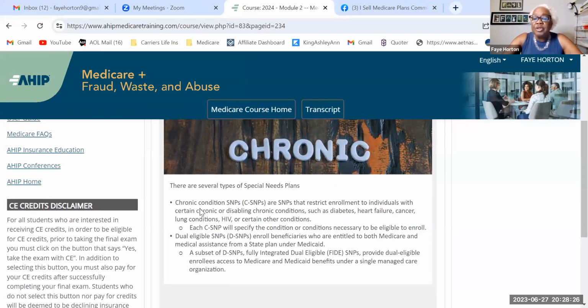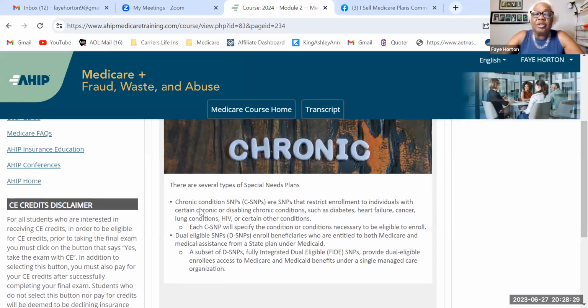The first type of special needs or SNP plan that we're going to talk about is chronic. So that is a C-SNP. C-SNPs are SNPs that restrict enrollment to individuals with certain chronic or disabling chronic conditions, such as diabetes, heart failure, cancer, lung conditions, HIV, or certain other conditions. Not every chronic SNP plan has the same disabling chronic conditions.